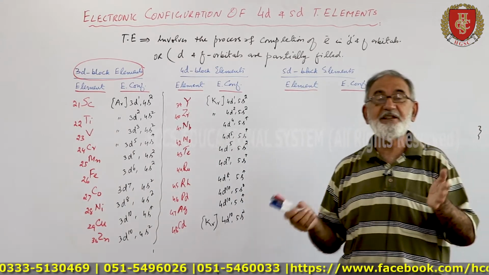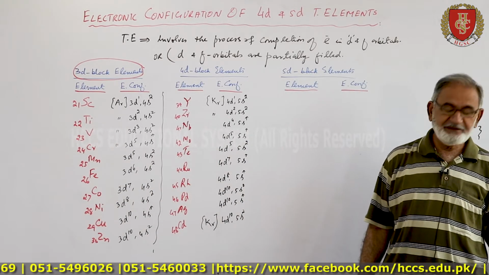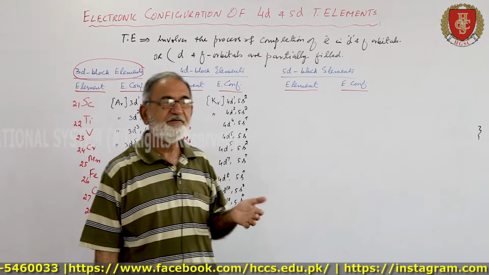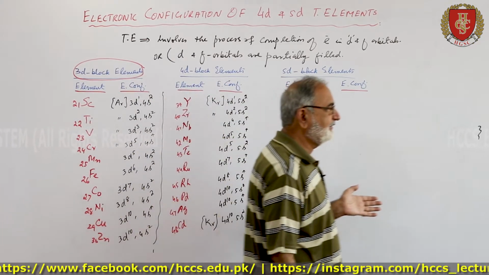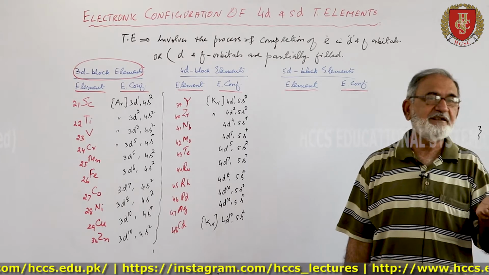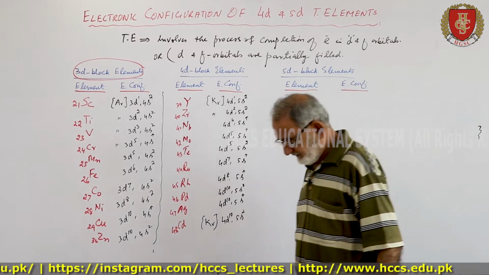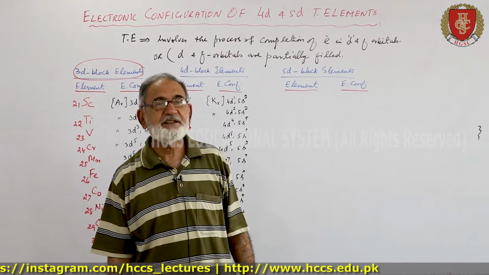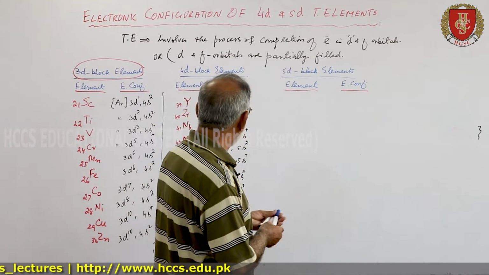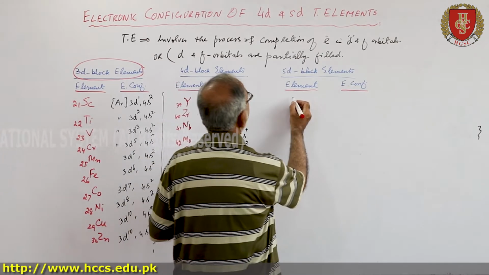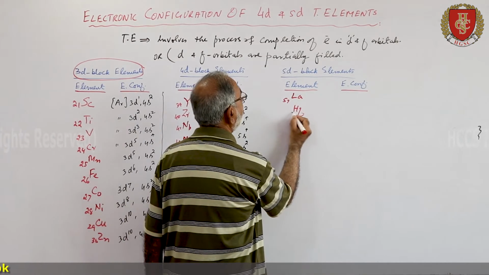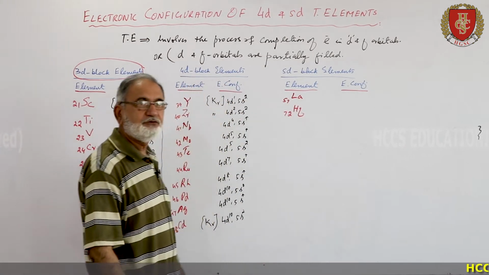For the stability of the transition metals, they become stable when the transition elements possess either the complete d orbital, d10, or it is about half filled, that is d5. So they become stable. Now in this case, that is lanthanum, it is 57, then hafnium 72.